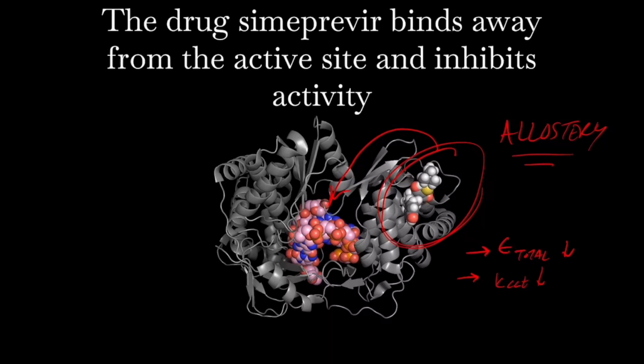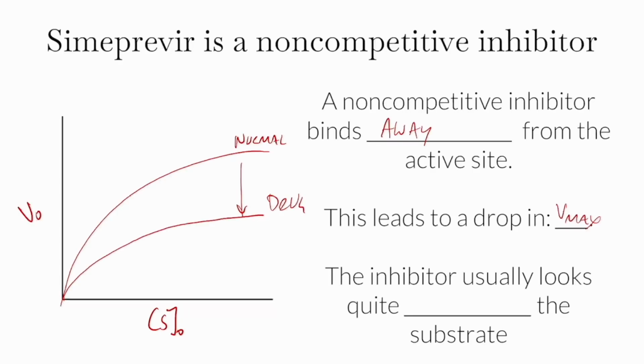But your substrate can still bind fine. And so you end up lowering your Vmax, which remember is Kcat times E total. But your substrate binds fine, so you don't see any change in your Km.